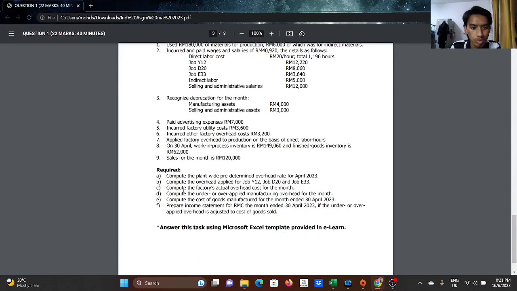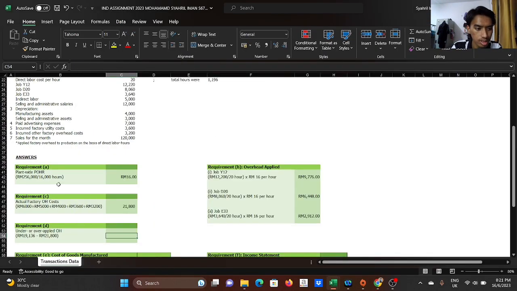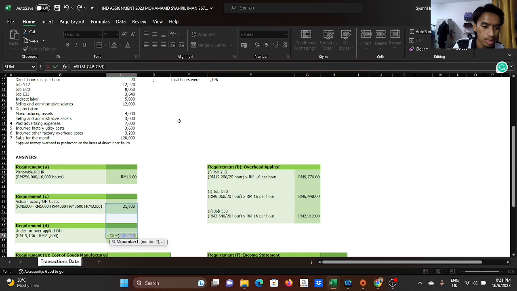For question D, compute the under or over applied manufacturing overhead for the month. Okay, for this question, we need to compute these 3 items and minus the actual factory overhead cost. So we sum these two.